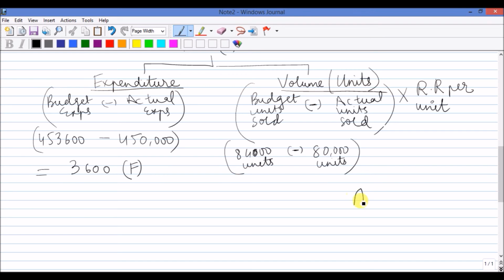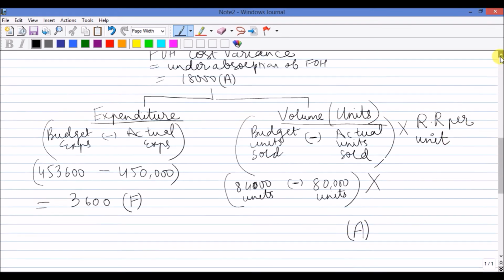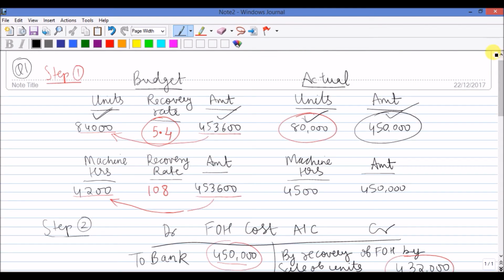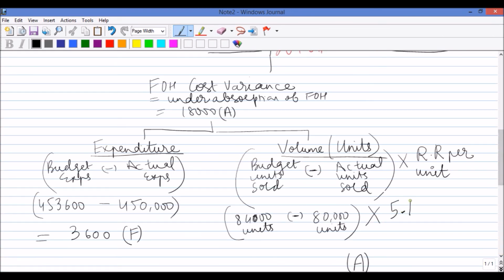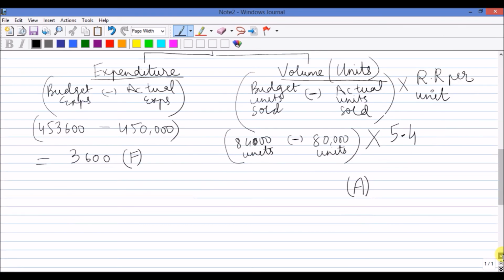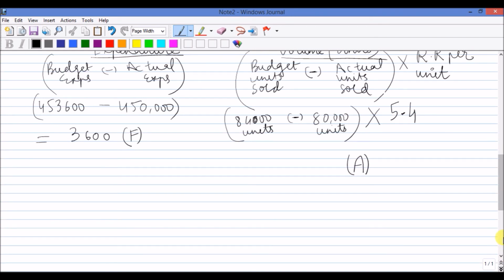So this is going to give you adverse variance. We should know the recovery rate per unit. And how much is the recovery rate per unit? 5.4. Okay. So 5.4 is the recovery rate. So 4,000 into 5.4 is going to give me 21,600 adverse.